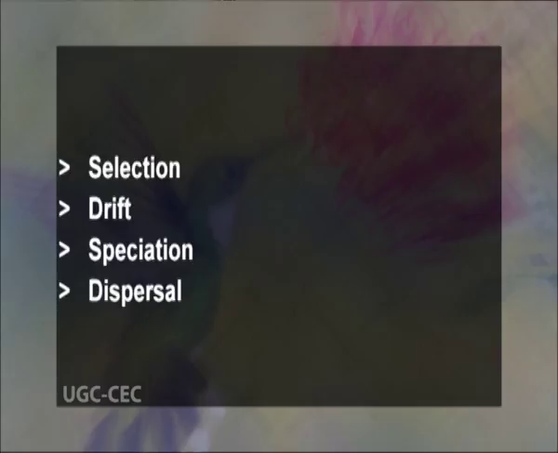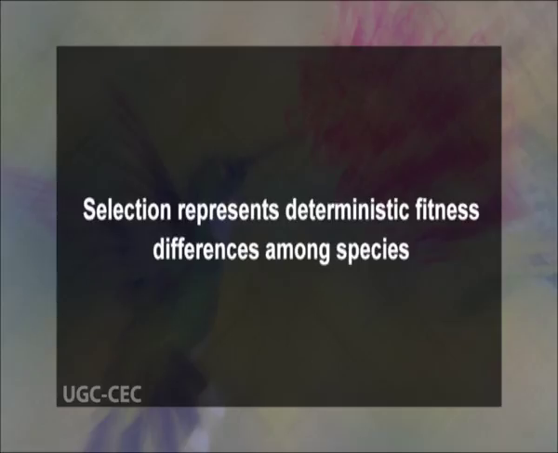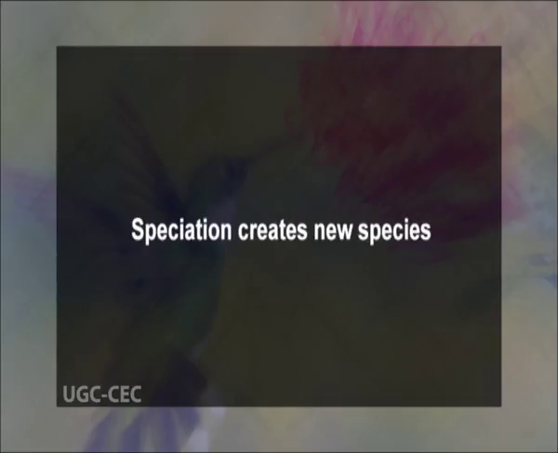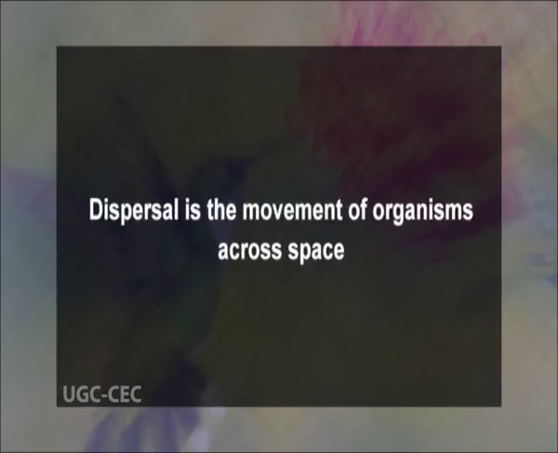The whole concept of the community related to patterns in the composition and diversity of species is influenced by only 4 classes of processes: selection, drift, speciation and dispersal. Selection represents deterministic fitness differences among species. Drift represents stochastic change in species abundance. Speciation creates new species, and dispersal is the movement of organisms across space.